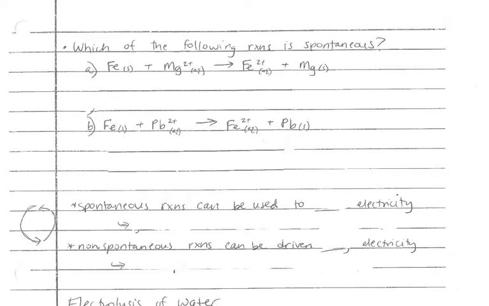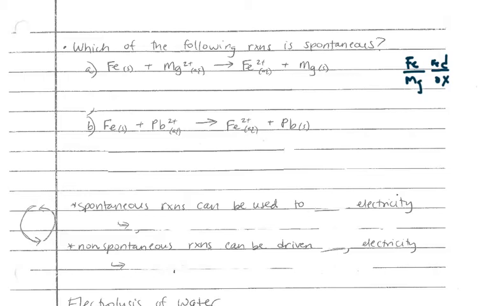Iron 2 plus is higher on here than the magnesium 2 plus. So on that reduction potential table, iron is higher than magnesium. So in a spontaneous reaction, iron will be reduced and magnesium will be oxidized.